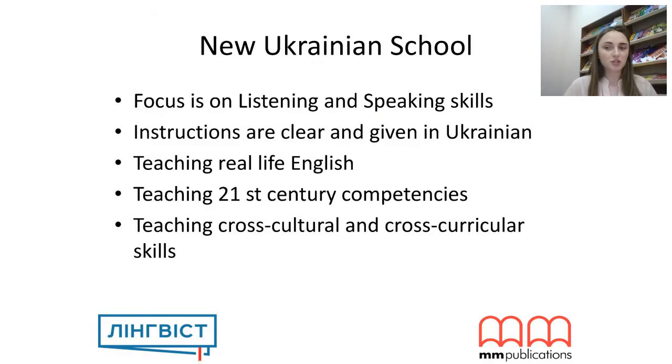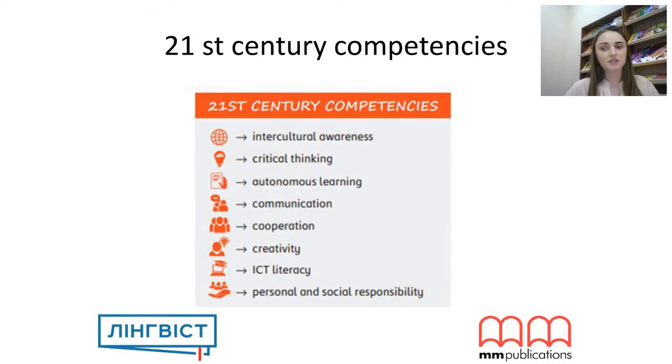Smart Junior is based on teaching 21st century competencies such as intercultural awareness, critical thinking, collaboration, communication, autonomous learning, creativity, ICT literacy, personal and social responsibility.